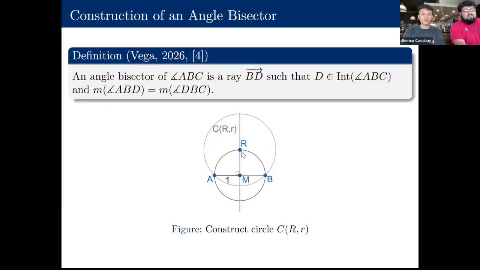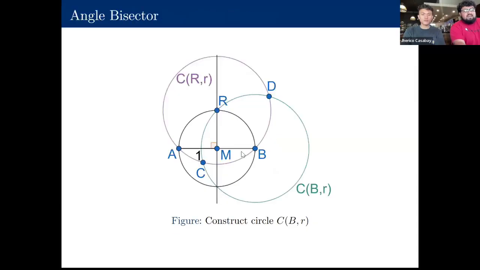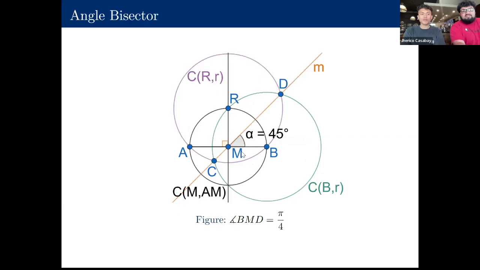Then, if we bisect the segment RB, that will be our angle bisector. So we take a point with B as a center and R as a point on the circle, and then we get the perpendicular bisector of the segment RB. As we can see, this is also our angle bisector.